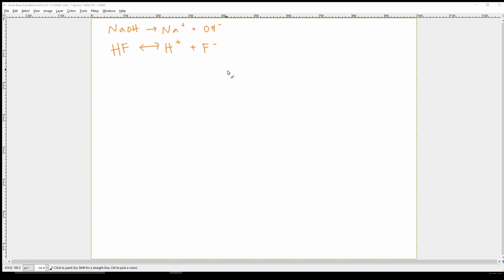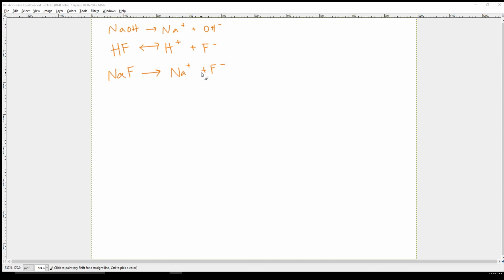And its salt. So again, it's anything that replaces the hydrogen in that HF, so I'll just use NaF. You could have done any other positive ion there. So NaF, and I know that salts completely dissociate, so Na plus F minus. Okay.